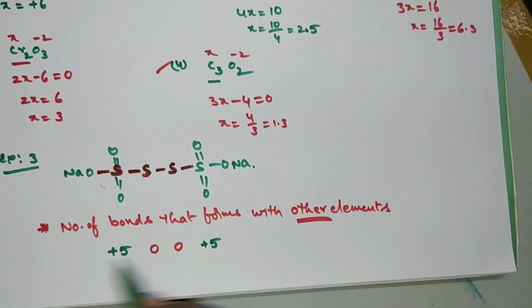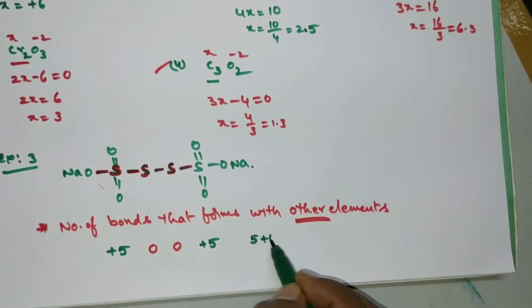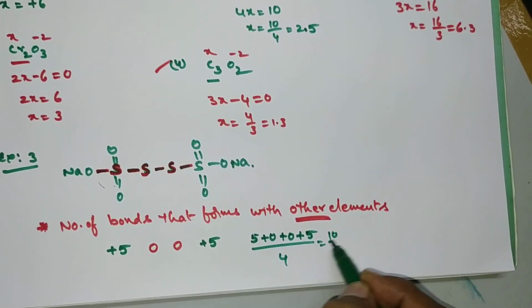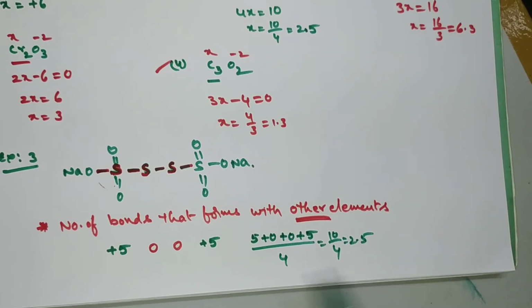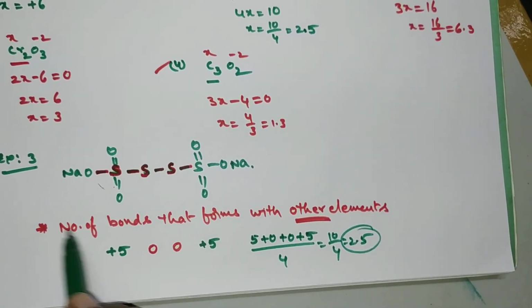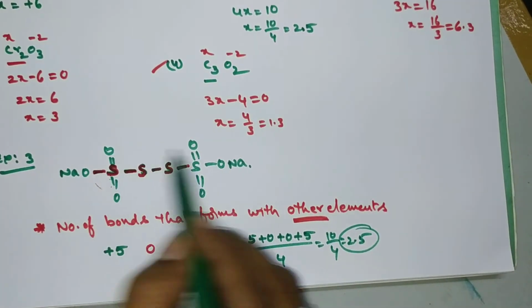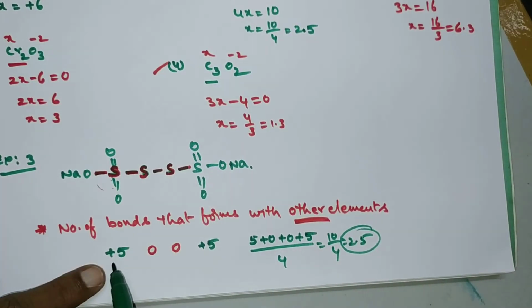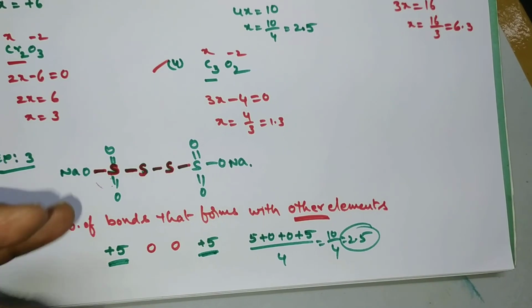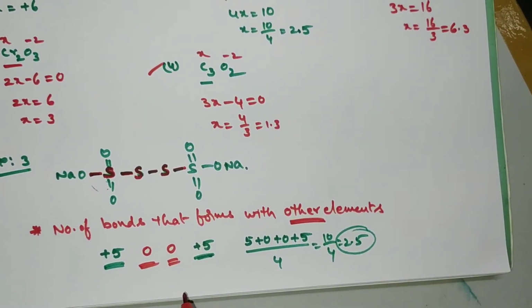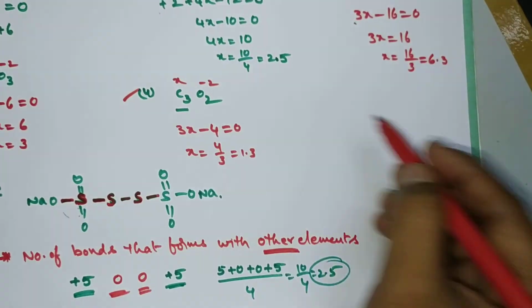If you take the average of these 4, 5 plus 0 plus 0 plus 5 by 4, that is 10 by 4, that is 2.5. So this 2.5 is the average oxidation state of 4 sulfurs. Thus the terminal sulfurs exhibit +5 oxidation state, whereas the central sulfurs exhibit 0 oxidation state. Clear?